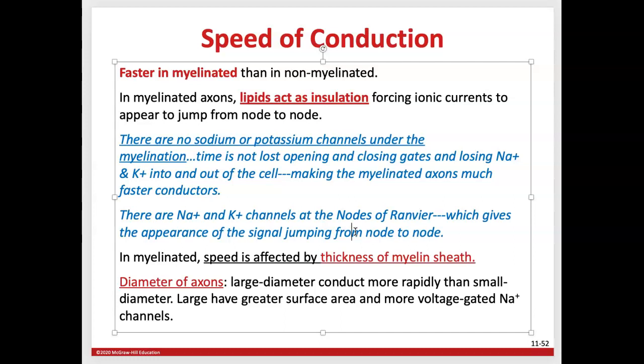In myelinated axons, the speed is affected by the thickness of the myelin sheath, as well as the diameter of the overall axon. A larger diameter will conduct more rapidly than smaller diameter axons because they have a greater surface area and more voltage-gated channels in comparison to the smaller diameter axons.